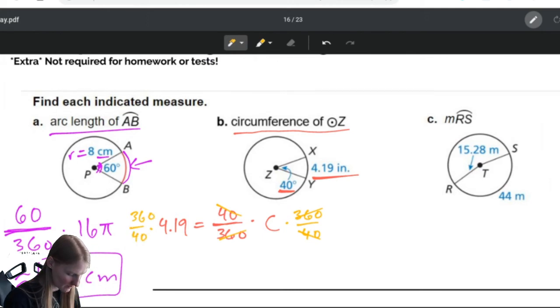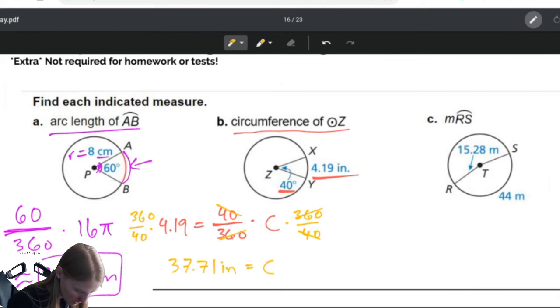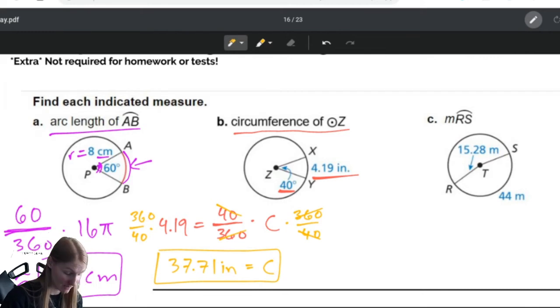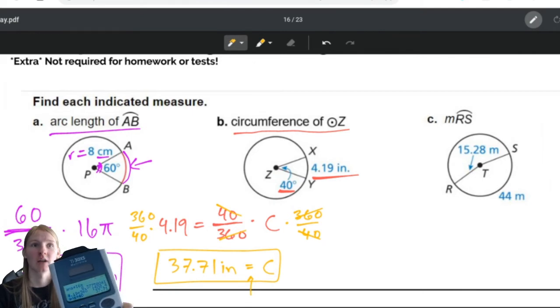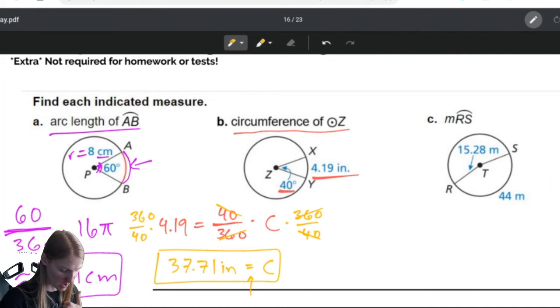So 4.19 times 360 divided by 40 is, this is exact too, this isn't even approximate, 37.71 inches equals the circumference. Because it's exact, I can use an equal sign. This is not approximate. I only get that number of decimals, 37.71. So, awesome. The end.